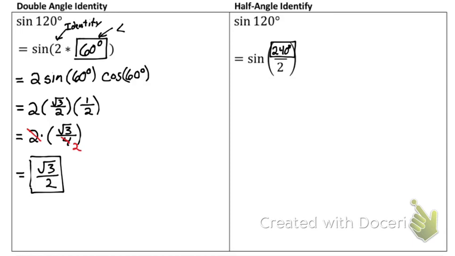Now our half angle identity actually has a positive or negative in it. So it's positive or negative square root of 1 minus cosine of 240, divided by 2.